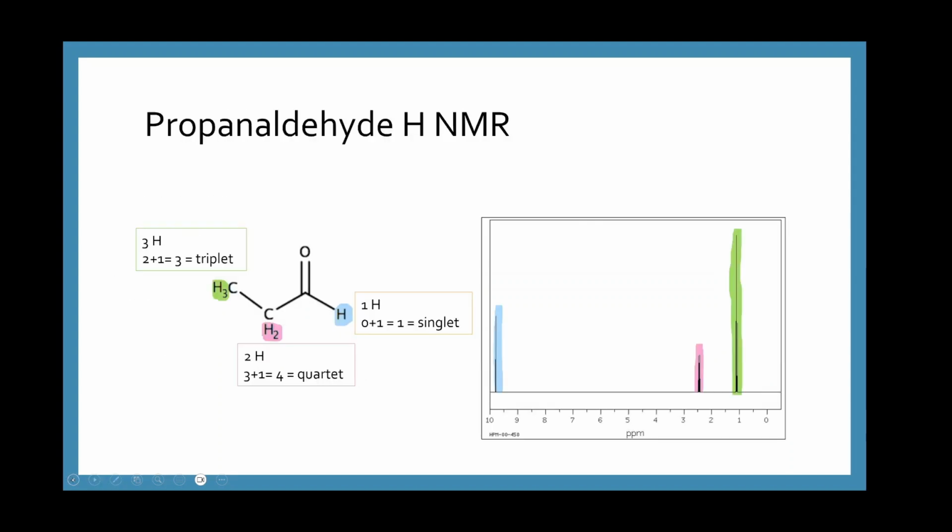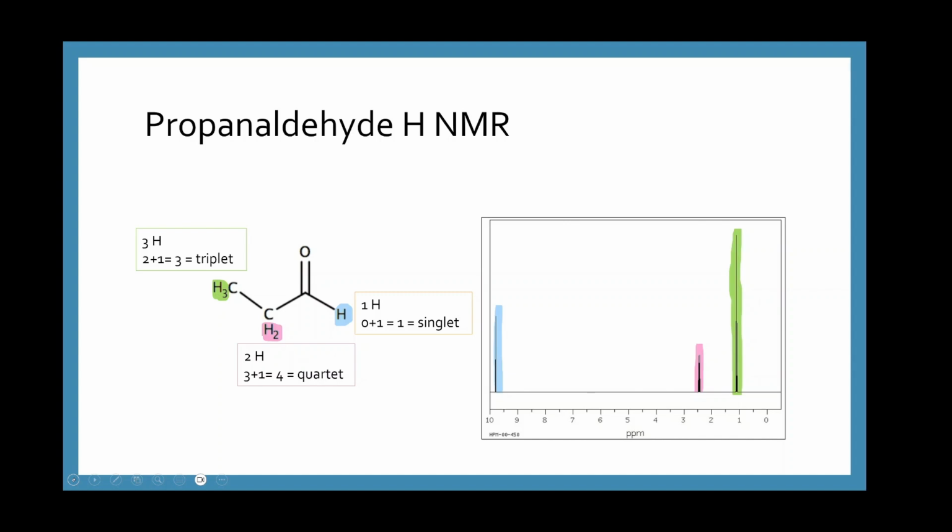Okay, so those are a couple examples of proton NMR. Again, we've got the number of peaks to give us the number of unique groups of hydrogens. Peak splitting gives information about neighboring hydrogens. Location on the spectrum gives information about functional group.